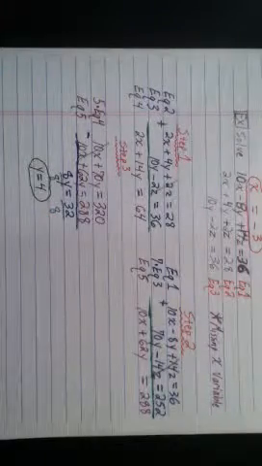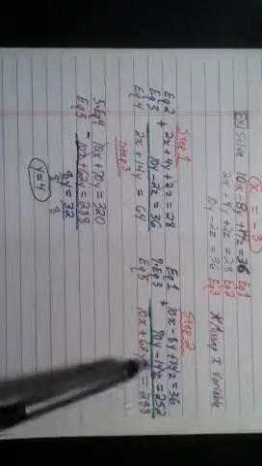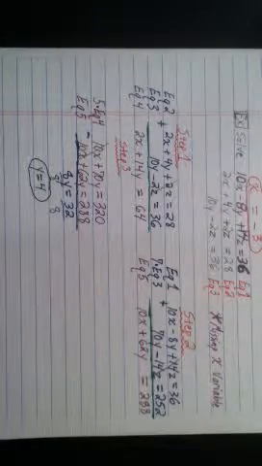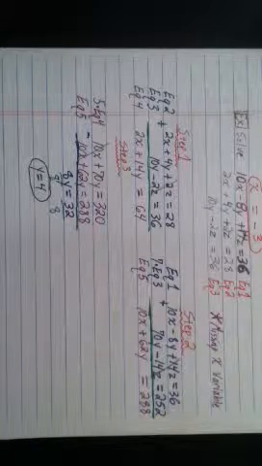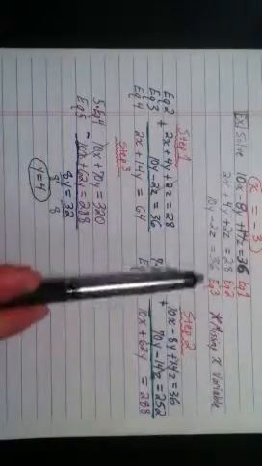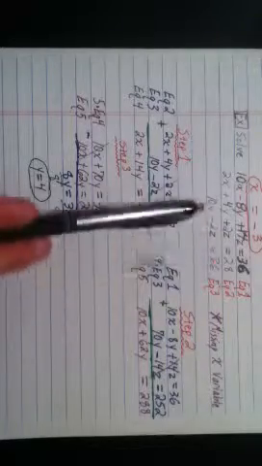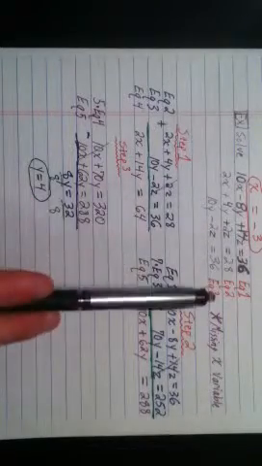Or we could plug it into equations 4 or 5, the ones that we made ourselves. I would suggest, just in case you messed up in creating equations 4 and 5, plug it back into one of your original equations. So because equation 3 only had two variables, we can plug it back into equation 3 for y and find out what z is.